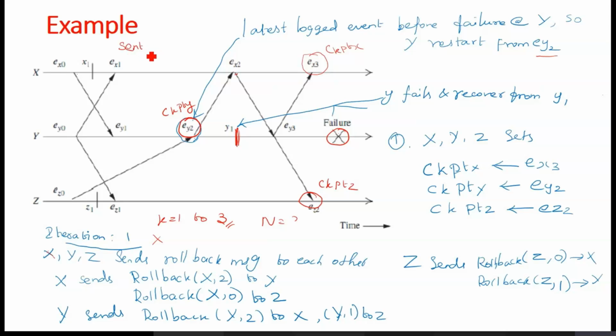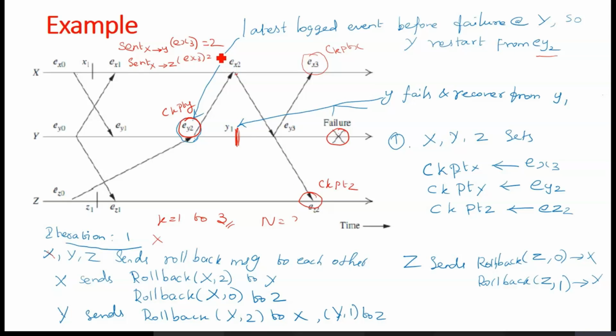Send of X to Y at the point EX3: EX3 is equal to how much? 1 and 2. And send of X to Z at point EX3 is equal to, yeah, 1, because a message is coming here from EX2.